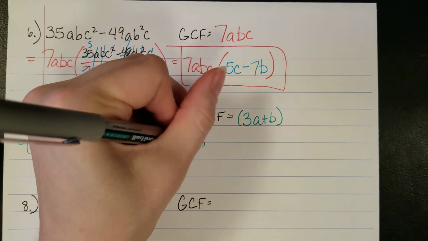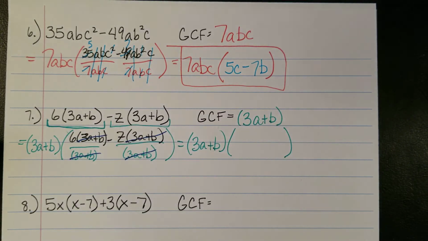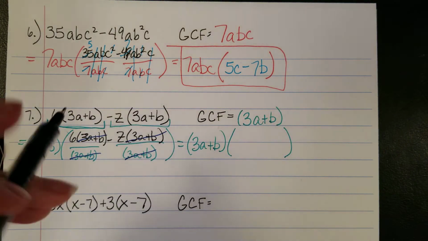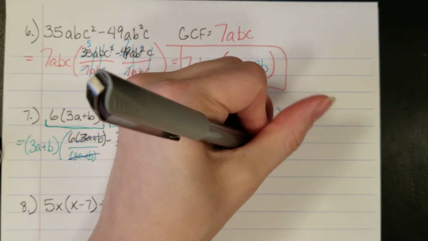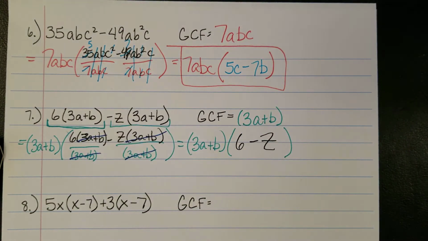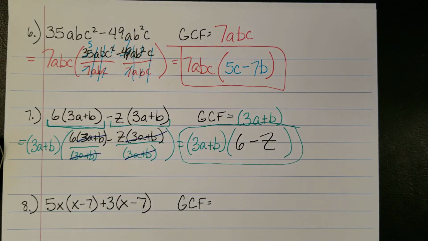So you still have the 3a plus b in the front. And then we're just left with 6 minus z here. Okay, and that is it for that one.